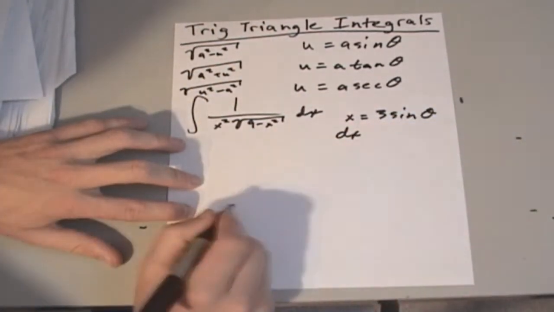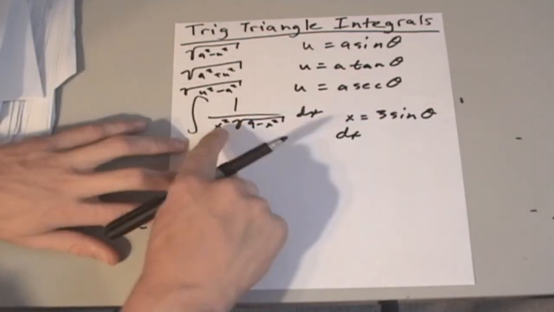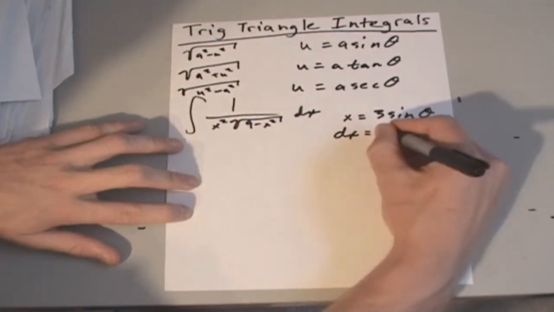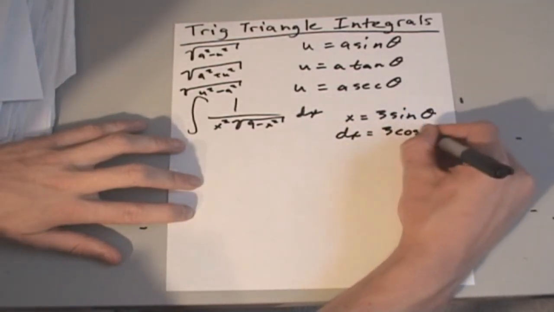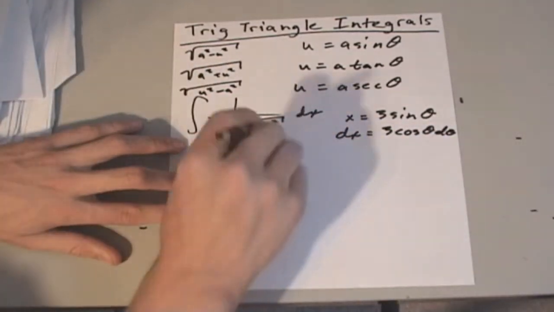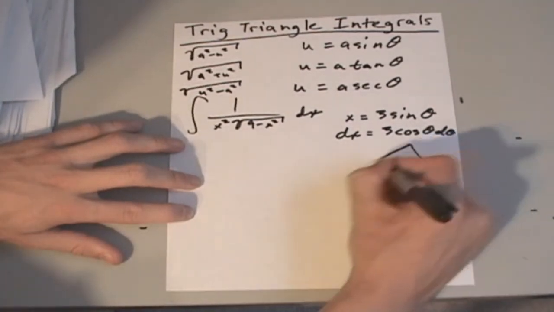Dx, take the derivative of that to replace the dx. Since this right here will replace the x, we need to find a replacement for the dx, equal to 3 cosine theta d theta.